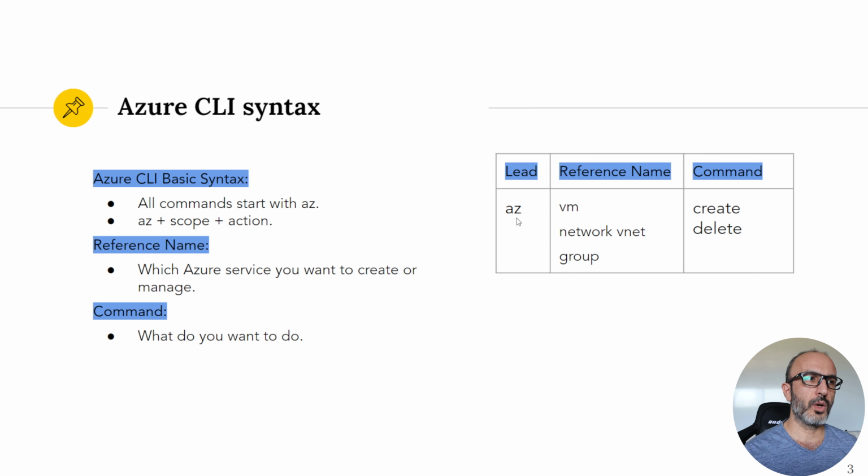In our case, after az, the reference name is, let's say, virtual machine, which is vm, or vnet for a network, or group for resource groups. And then what is it that you want to do? What is the action? You want to create a virtual machine, or delete a virtual machine, and so on.